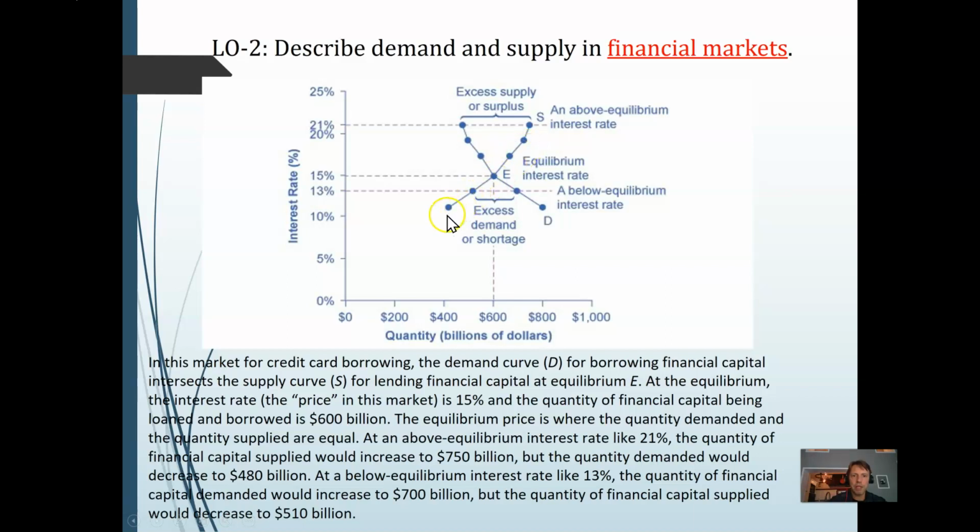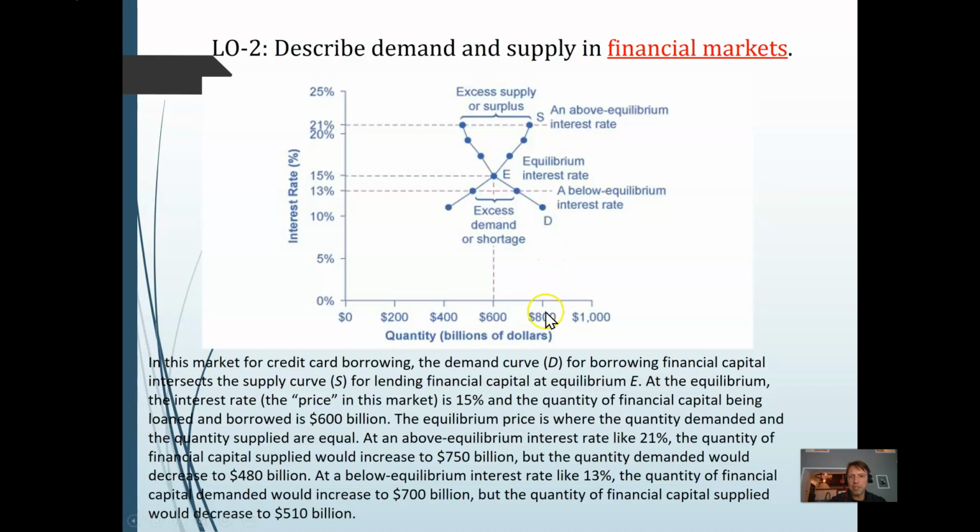Well, if I can make 10%, I'll put less money out, but if I can make 21%, I'd put more out. And then conversely, if I have to pay 21% interest, I want to borrow less, but as the rate falls, my demand to borrow increases. I'll borrow more money.